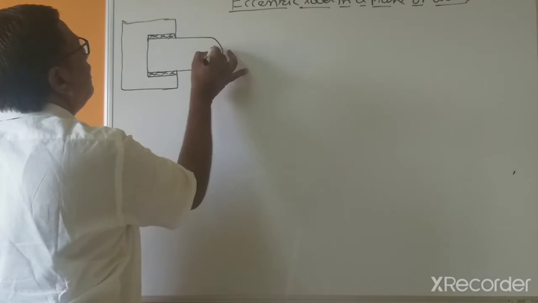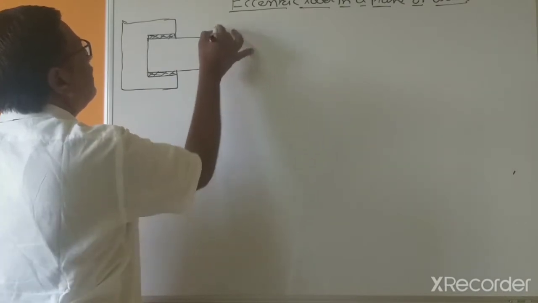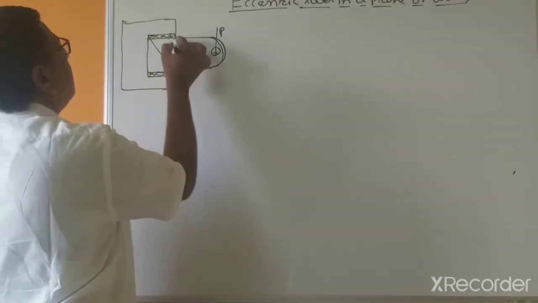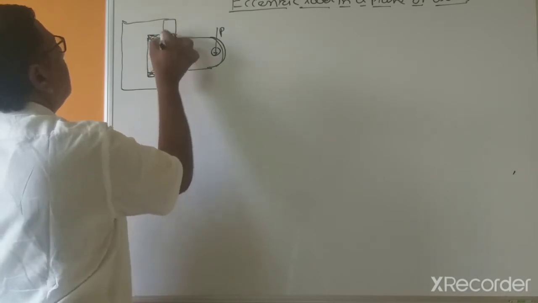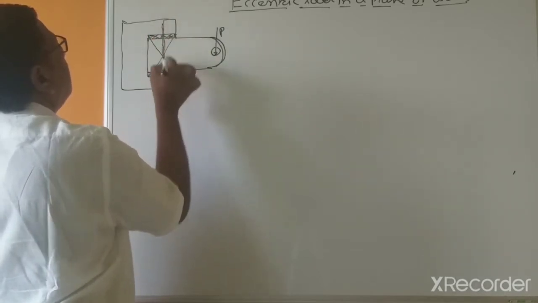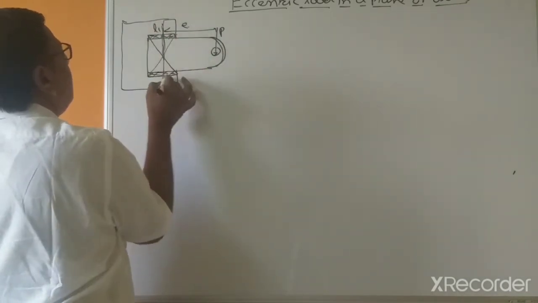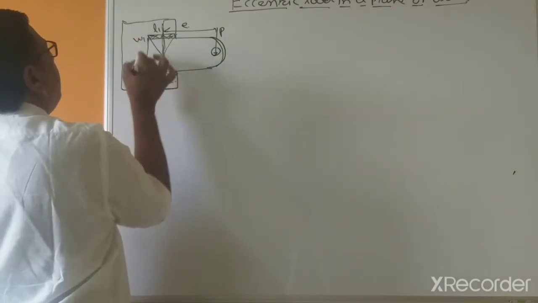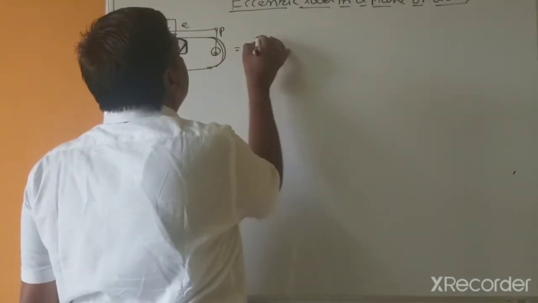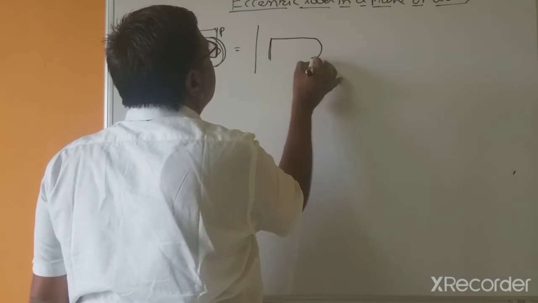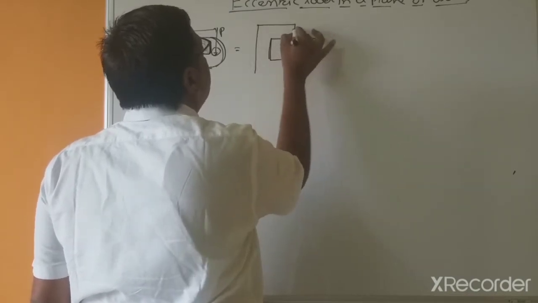And if the load is acting here, this is the load, and if this distance is E, this is L1, L2, first weld, and this is second weld. Because of such type of loading, you can consider this way. I am taking small figures.